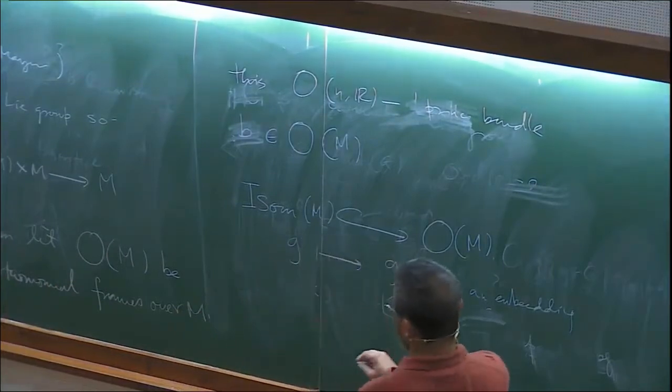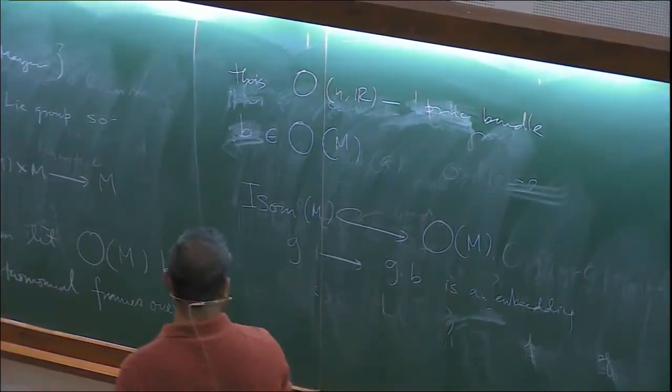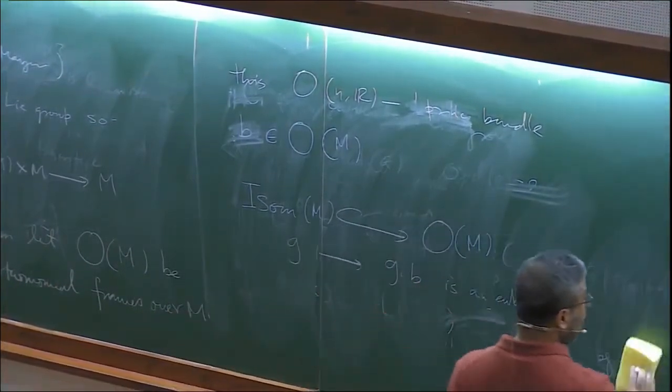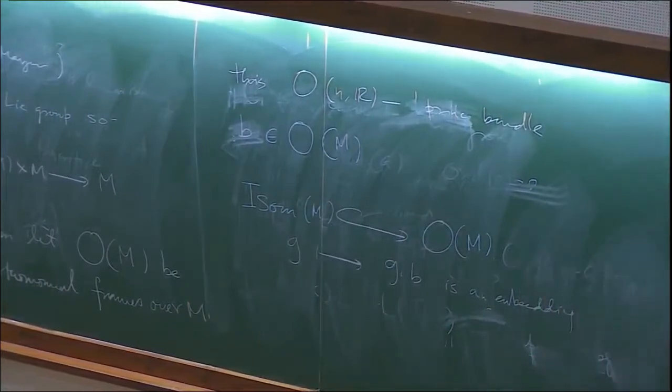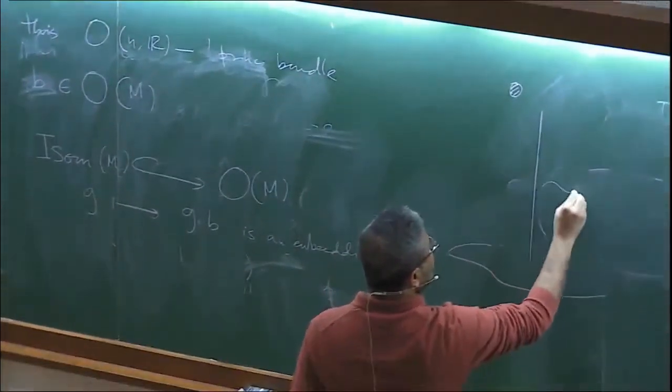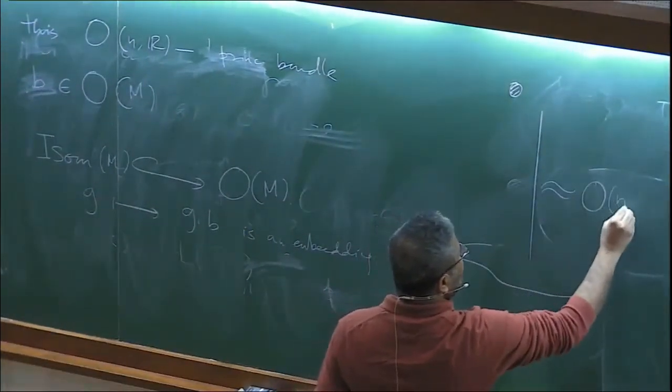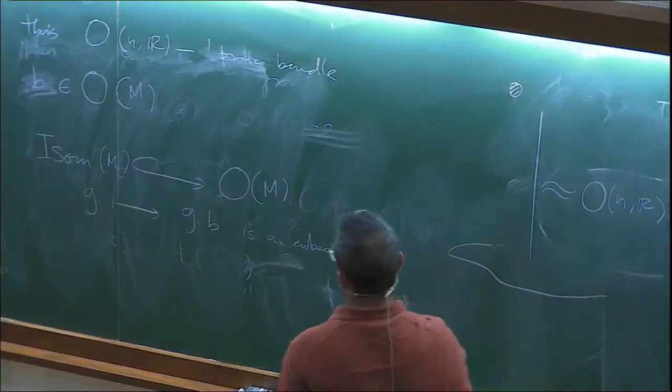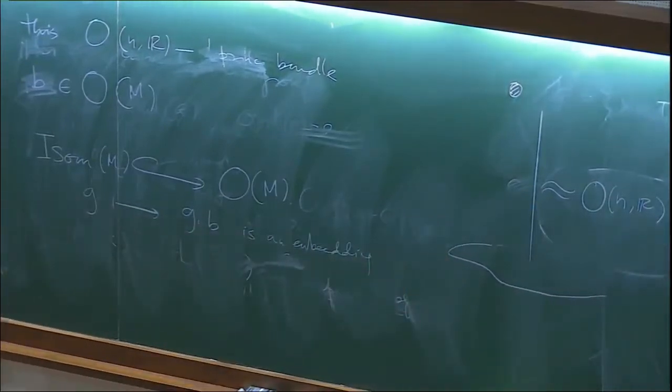And the second fact says that fibers are compact. So there is a corollary of the second fact, which says the fibers of this space are homeomorphic to O(n), so this is a compact thing. Fibers are compact.